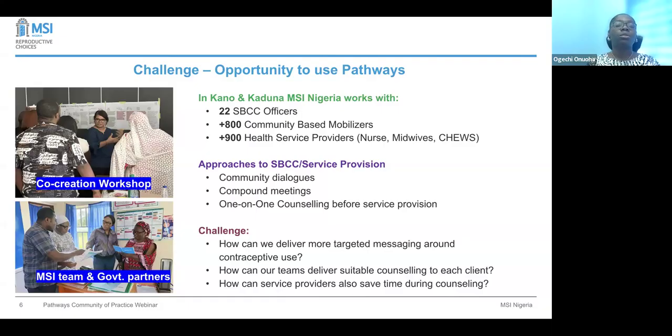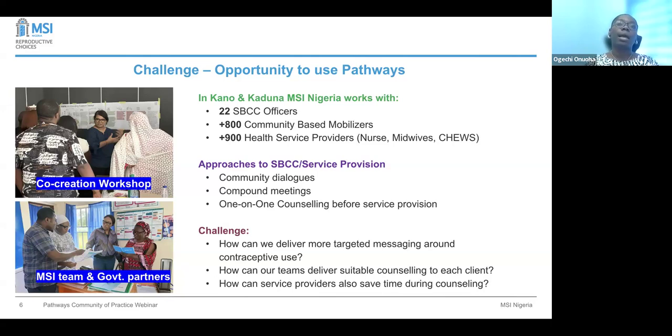But we also know that it's not one size fits all. What will appeal to different segments will differ. So how can we convert these insights into bite-sized tools that can enable our providers and our teams to work more efficiently and deliver greater results?